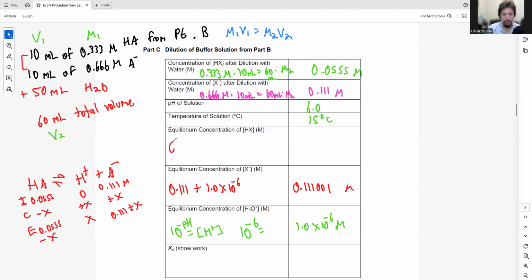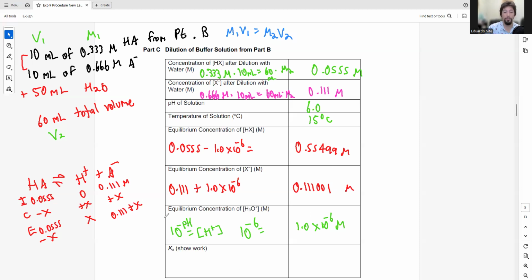This one, same thing, 0.0555 minus 1.0 times 10 to the minus 6 gives me 0.055499 molar. So now I have my equilibrium concentrations.